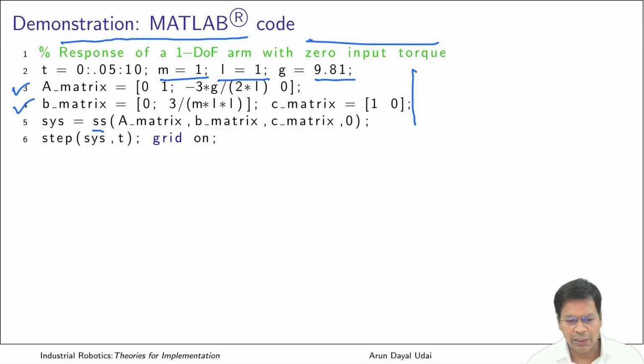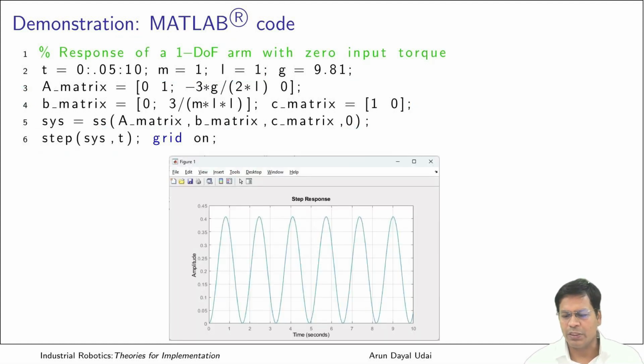So I have now the state space using the ss function. I have defined my ss function in sys. So that is the A matrix, B matrix, C and D go here, and a step input is given and analyzed with time. Okay, so this gives me a plot which is SHM. You see, it is simple harmonic motion.